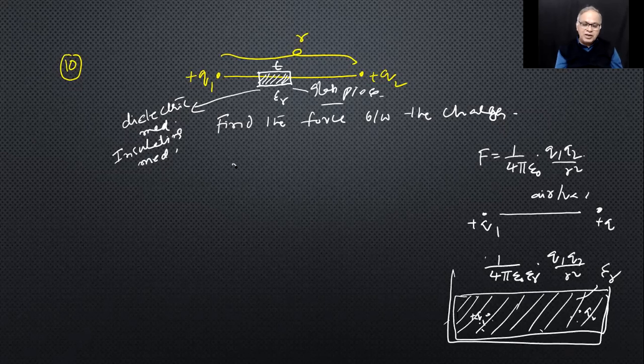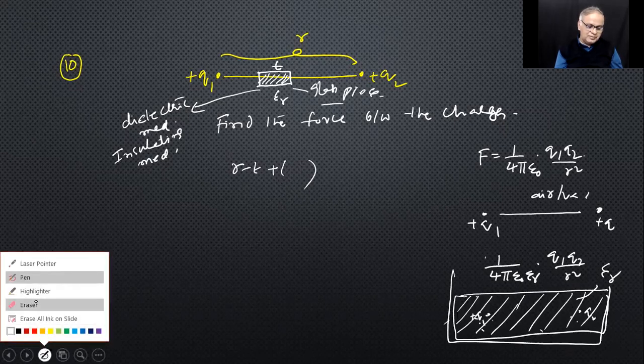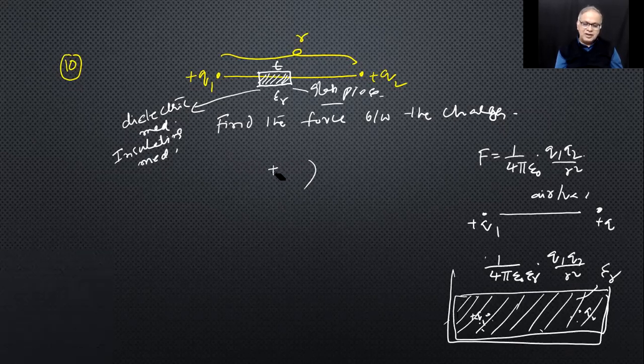You might say, I'll do it like this, R minus T plus something here you would like to write. We should know how to write that. Any ideas? Look, convert T into equivalent air distance.